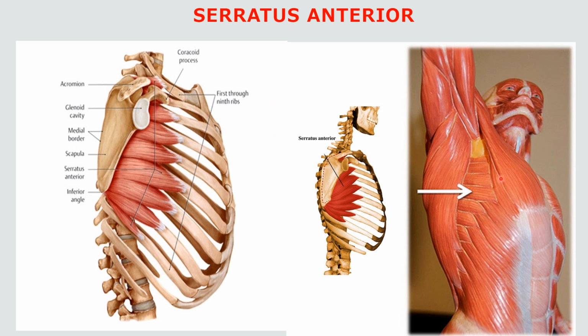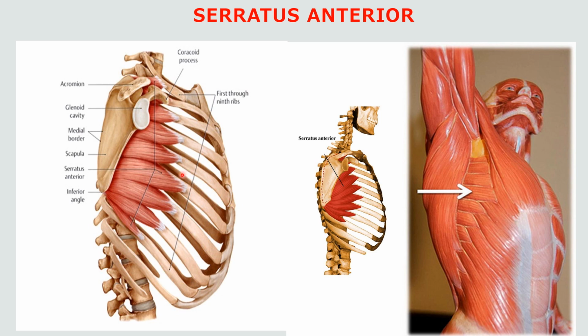Then what is the action of this serratus anterior? When the entire muscle contracts along with the pectoralis minor, it protracts the scapula, the forward movement of the scapula around the chest wall, as in pushing and punching movements.